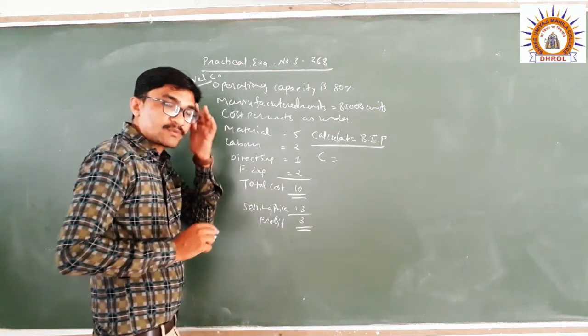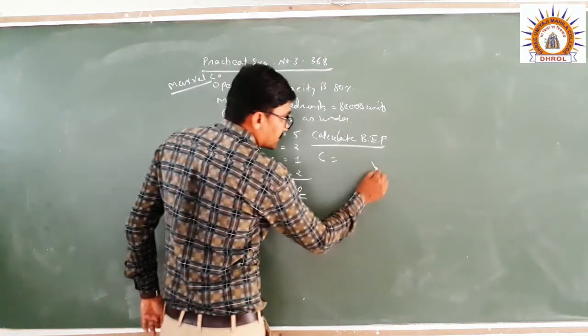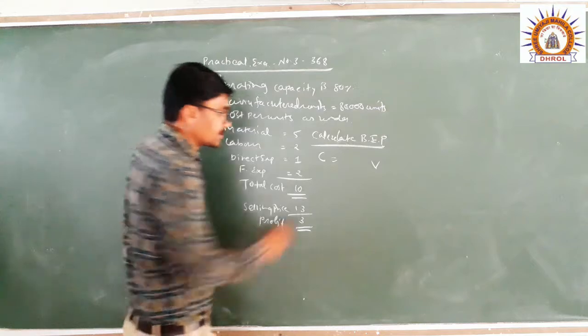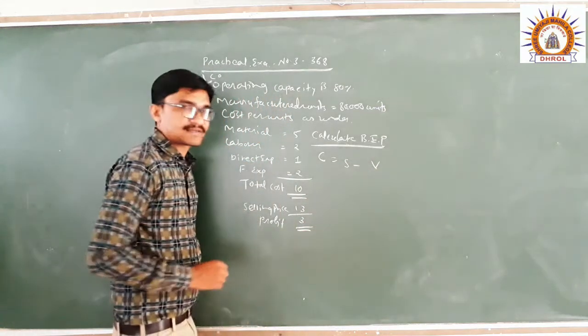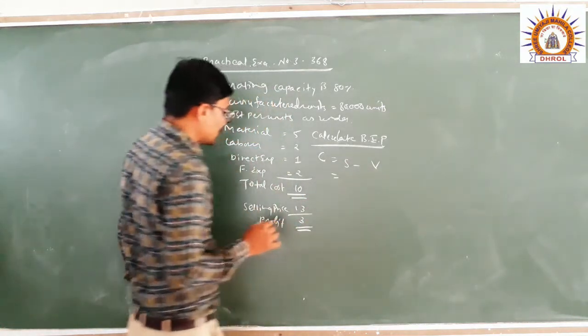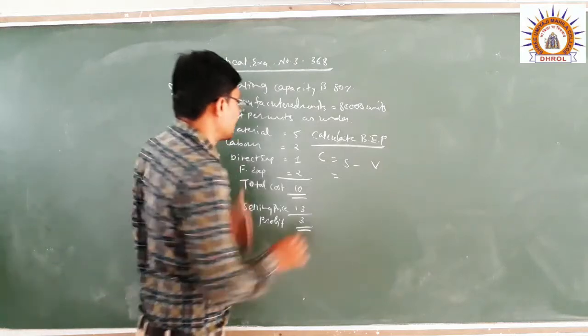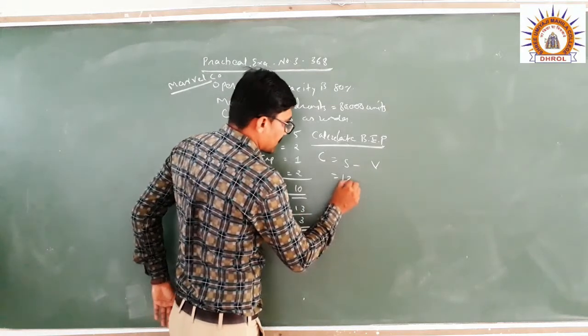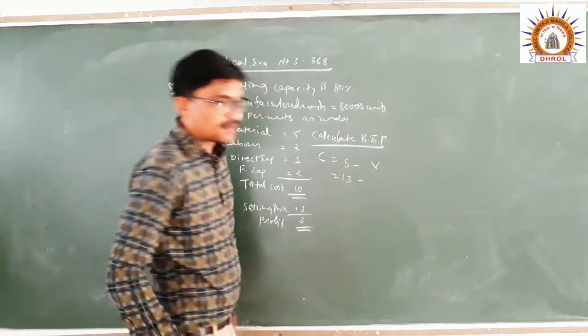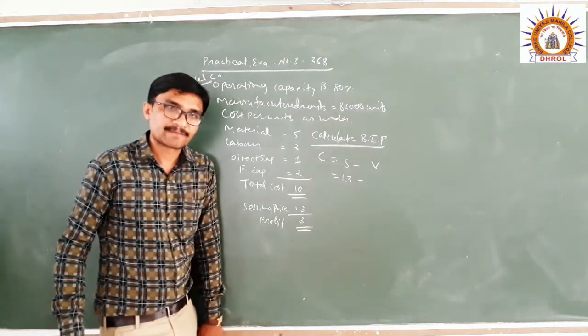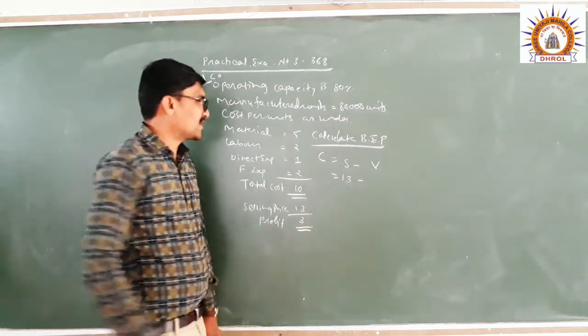To calculate the contribution per unit, you require the variable cost per unit and the selling price. The selling price is given here, 13. The variable cost is not given directly.